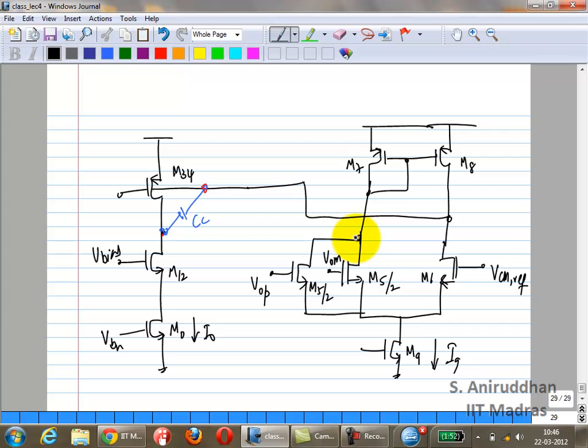Noise. Why is noise a problem? You have just taken M5 which was already there and split it into two. So noise is not a problem. Okay, but systematic, yeah, you'll have some random offset. Anything else?